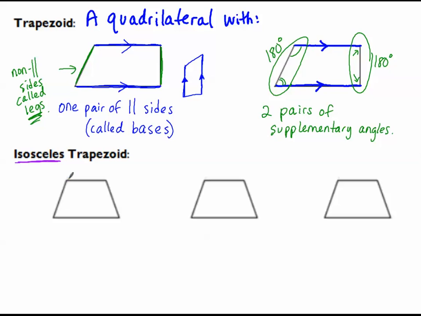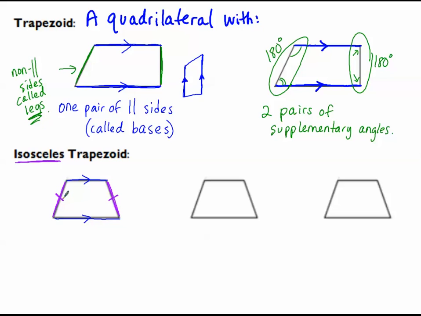So start with the trapezoid. There's exactly 1 pair of sides that is parallel. I'm going to color code to the trapezoid above. 1 pair of sides that is parallel are bases. Then the legs, the non-parallel sides, are congruent. Like an isosceles triangle, the legs are congruent.